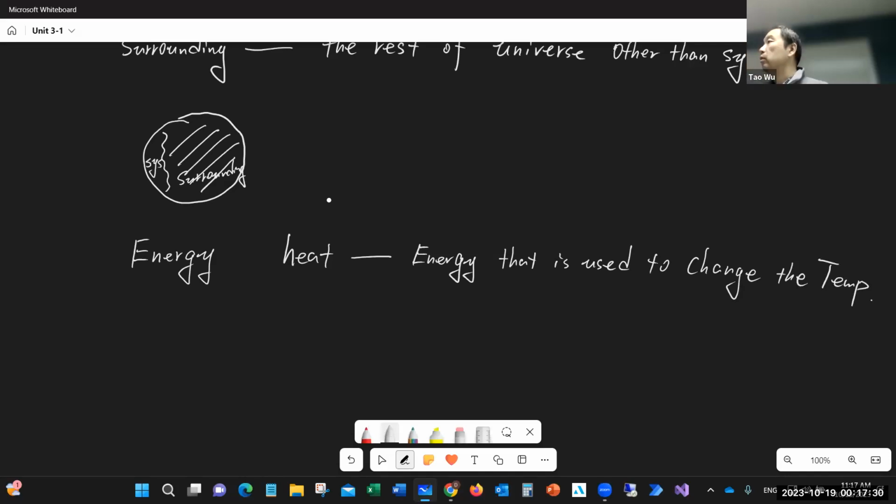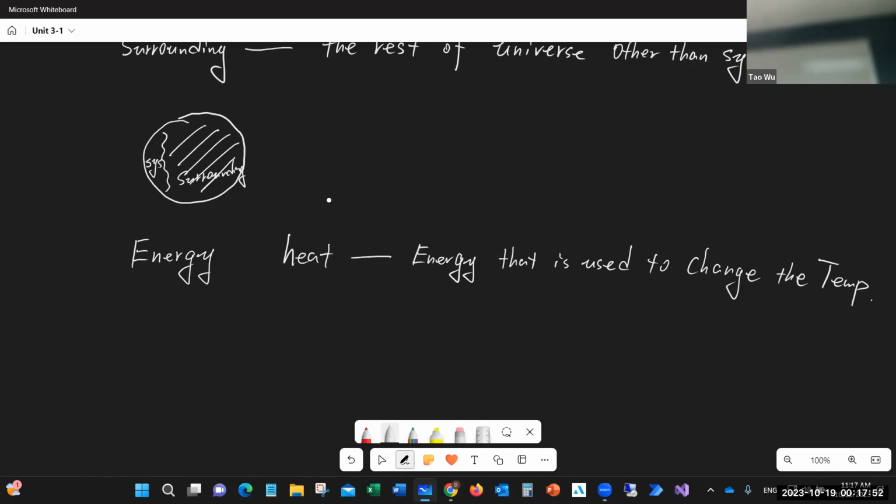If we absorb heat, the object's temperature will increase. If we release heat, then the object's temperature will decrease. So if the temperature decreases, that means part of the heat is being released.